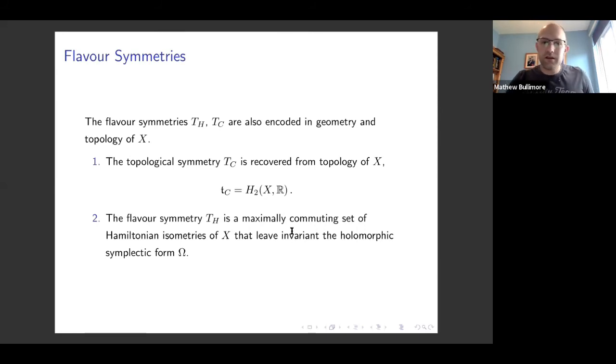This explains the subscript H on the R symmetry and on the flavor symmetry. It's H because these are symmetries which act by isometries on the Higgs branch. The same will be true the other way around when we look at the Coulomb branch. So we can get the flavor symmetries here from a sigma model perspective.